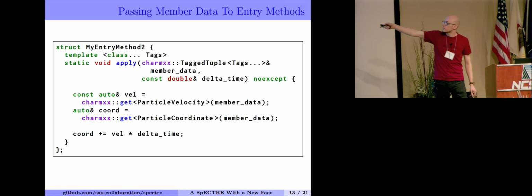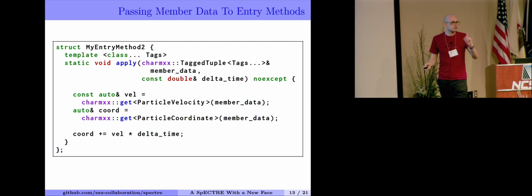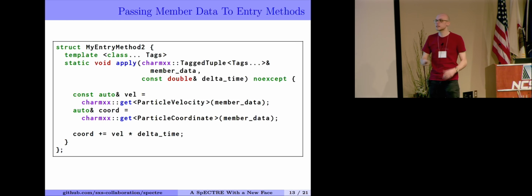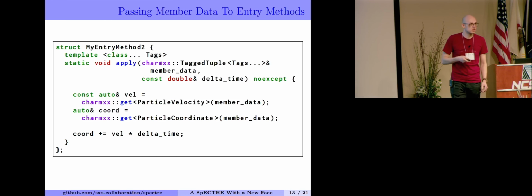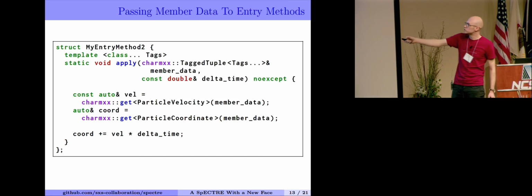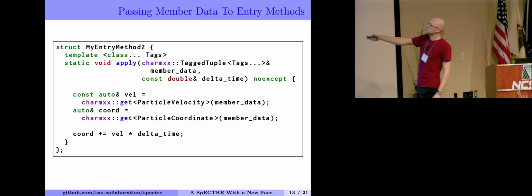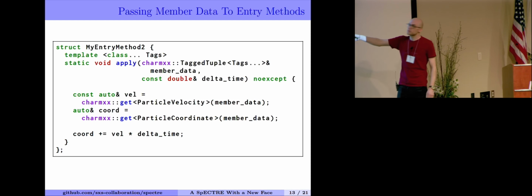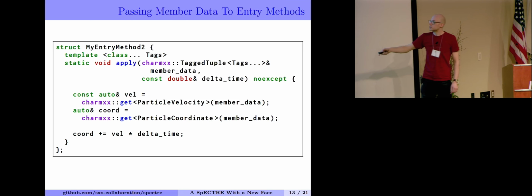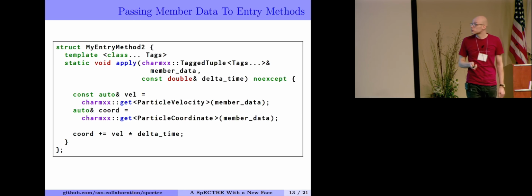So if the tag tuple only holds one thing, and that thing is your class that has member functions and member data, you can just use these to forward to that. That basically means you can take your existing code, and all you do is write a little wrapper around it, and that's it. And so the idea is all communication and everything will happen in these entry methods, and you will generally farm out the actual work to user functions.